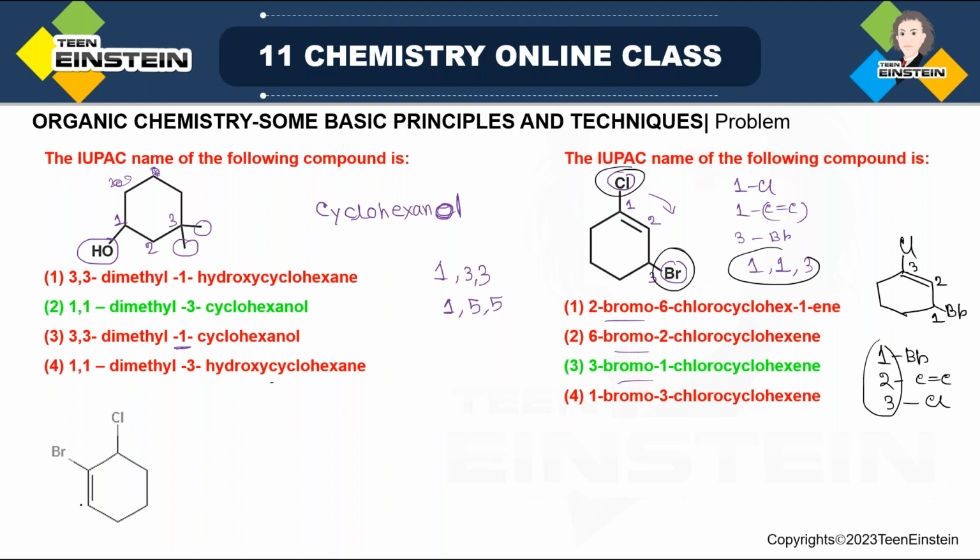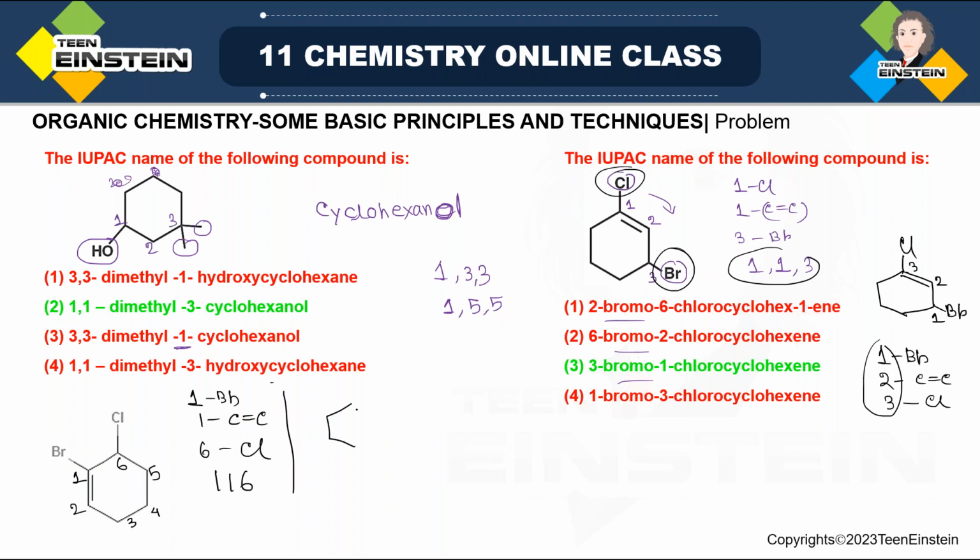Suppose I am starting the numbering from bromine. Once you have placed 1 here, you have to move towards the direction of the double bond. You cannot move in the other direction. That is completely wrong when you have a double bond. So it is 1, 2, 3, 4, 5 and 6. So 1 is for bromine, then 1 is also for the double bond and 6 is for chlorine. That means it is 1, 1, 6.